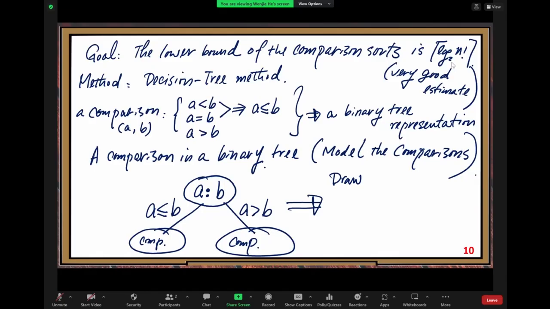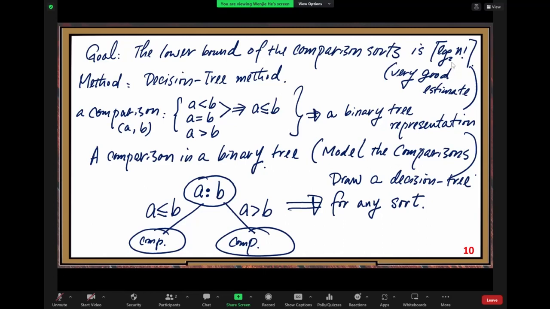Which decision you make? So we call it a decision tree. We can draw a decision tree for any sort.